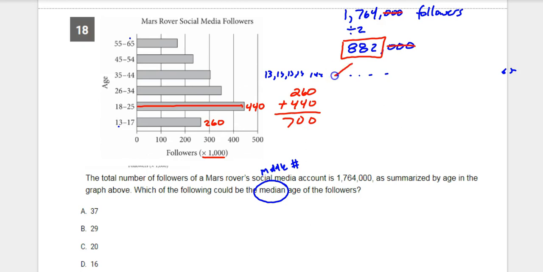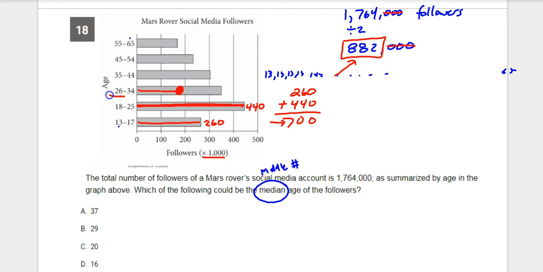So it looks like this 882,000 person is going to occur right over in here somewhere. So I have 260,000 plus another 440. That was around 700. And then I'll be at 800, and 880 is going to be somewhere in this window right here. So it says, which of the following could be the median age?